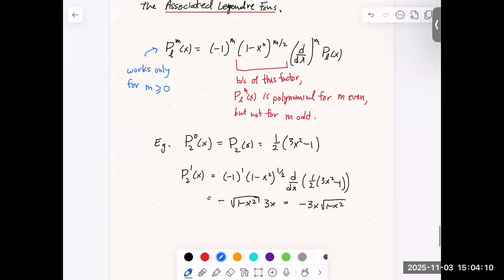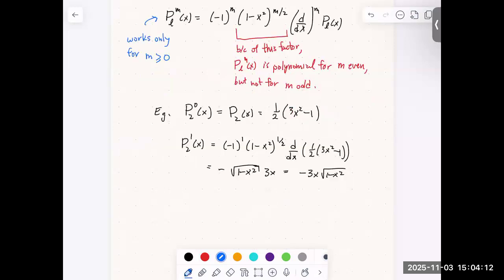So we need to have a way of deducing what we would get for m less than 0. So for m less than 0, we use the relationship P_L^(-m) is equal to (-1) to the m, times (L minus m) factorial over (L plus m) factorial, times P_L^m of x.